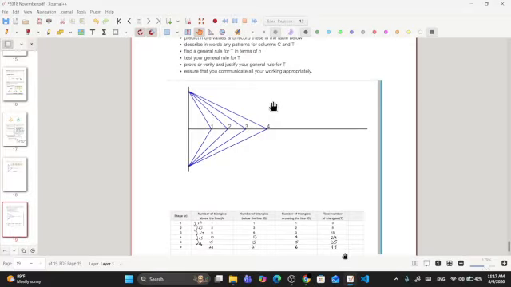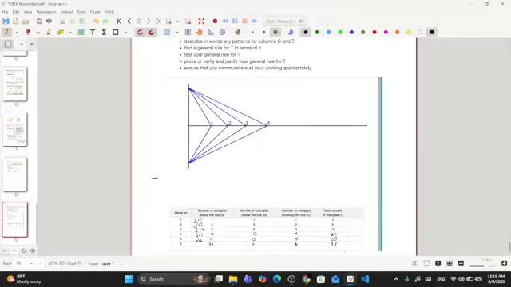Describe in words any patterns for columns C and T. Okay, as far as C is concerned, I can say that the number of crossing triangles C is basically equal to the stage number.